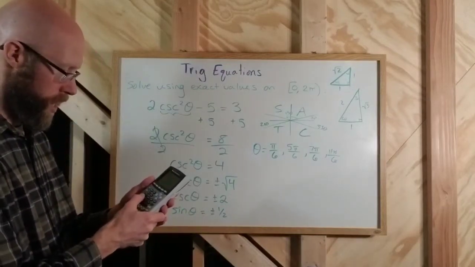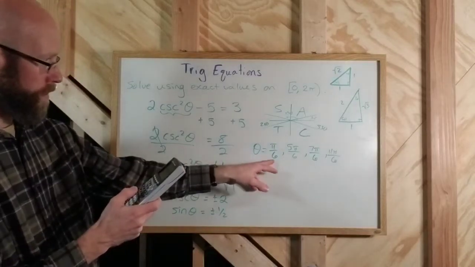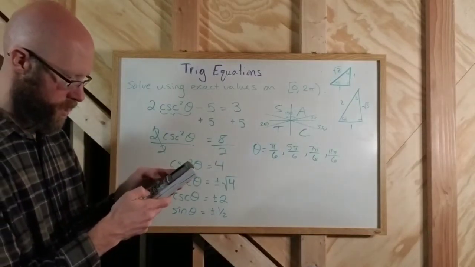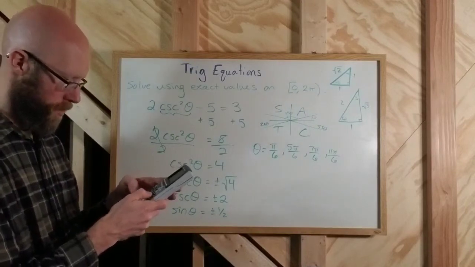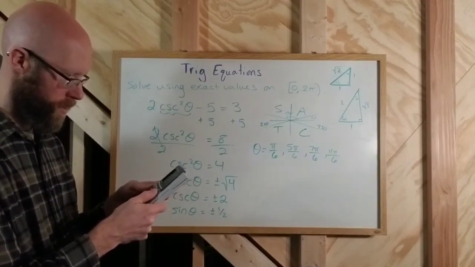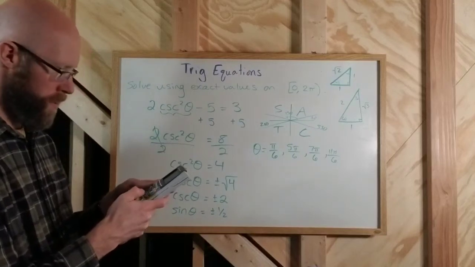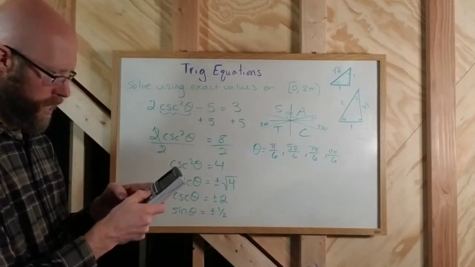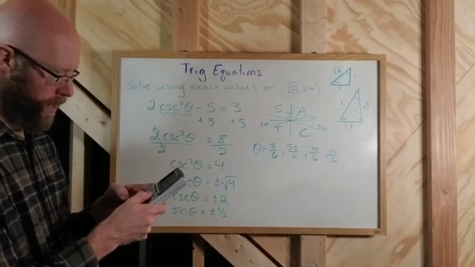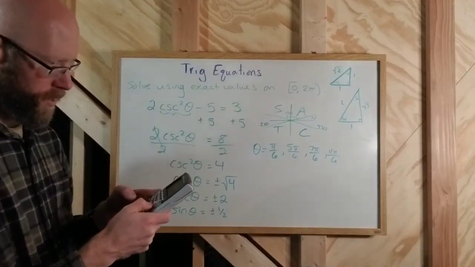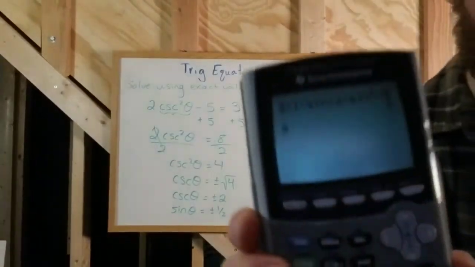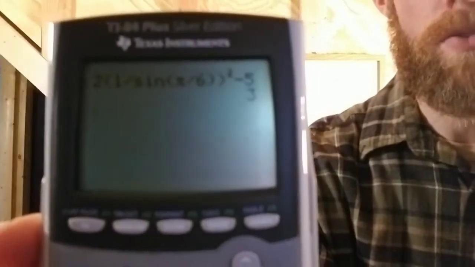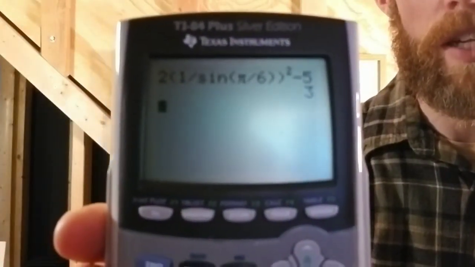I'll show you as I finish this off. 1 over the sine of pi over 6, and then a parenthesis, and then I'm going to square that. Minus 5. Yes, I think you can see this. If it'll zoom without too much of a glare.